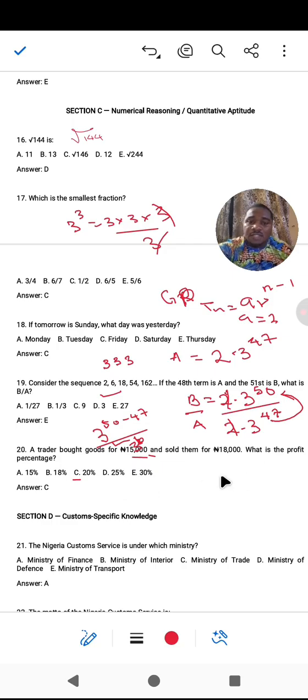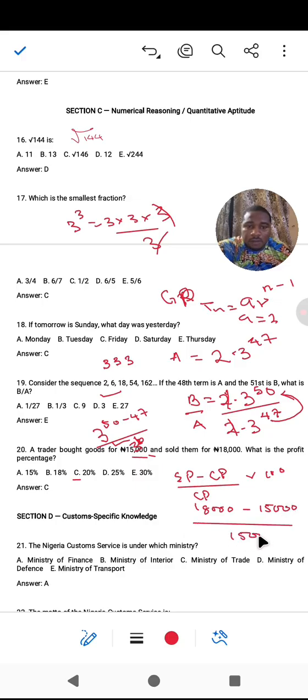Now the formula is very simple. Your selling price minus cost price upon your cost price times 100. You're going to get the same thing. In our case here, we have 18k minus 15k upon 15k, which is 15,000, multiplied by 100.